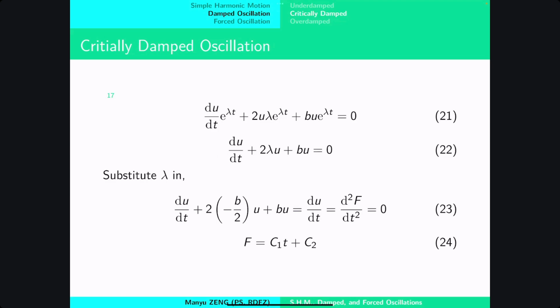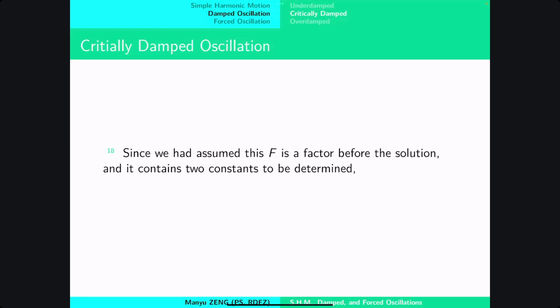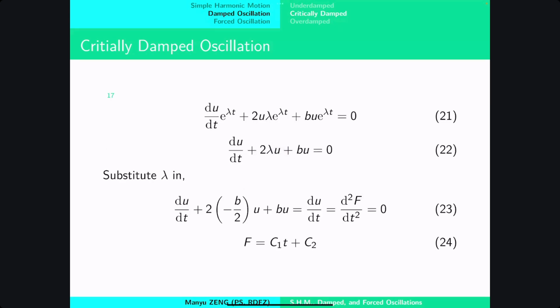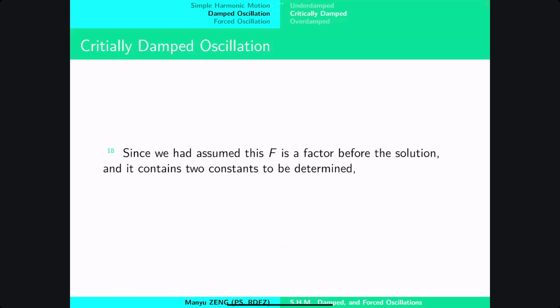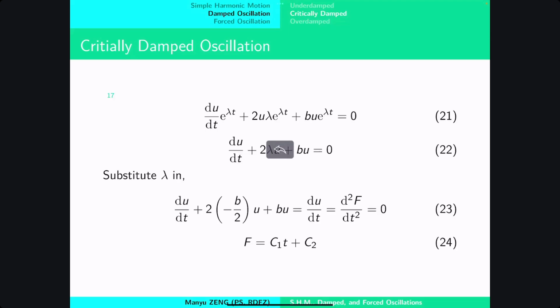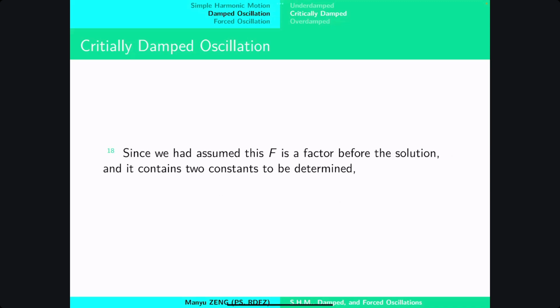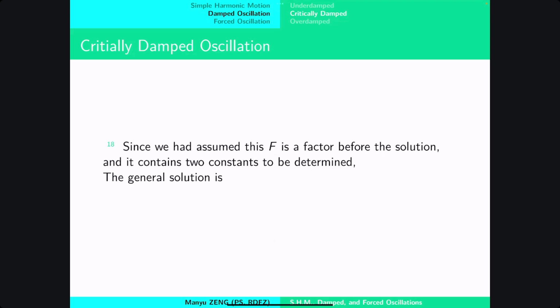We can assume that because we assume that f is a factor before the solution e to the power of lambda t. So it contains two constants. You can see c1, c2 in equation 24, and so we already got two constants, and f's two constants cannot be simplified into one. So this satisfies our requirement.